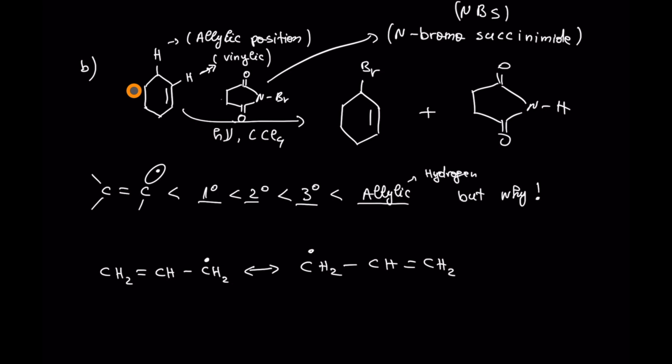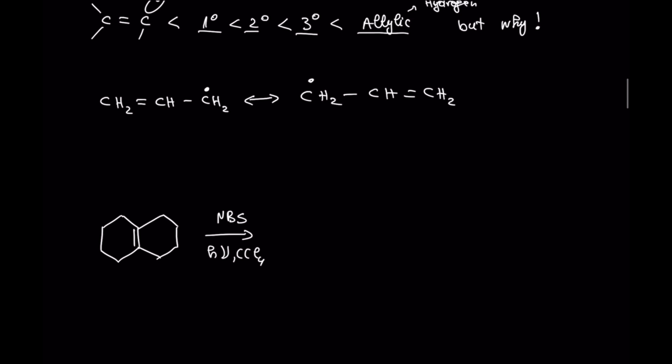Here this compound gives a single product, but if we try with NBS here, due to the resonance structures, it gives the possibility of more than one product. So from this structure here, it is going to give first a product in the allylic position.